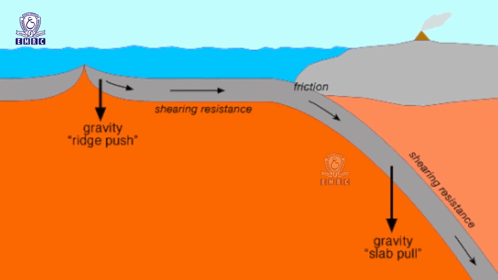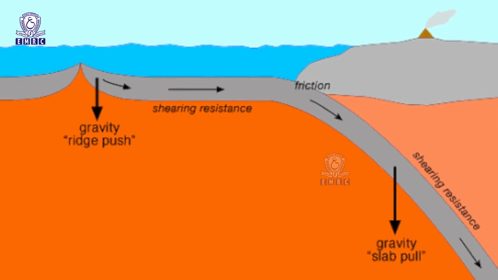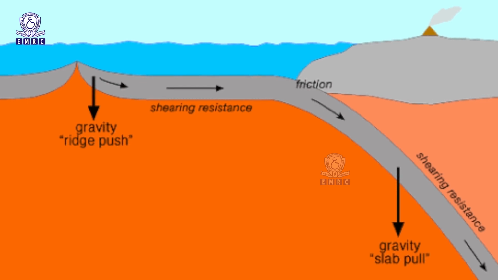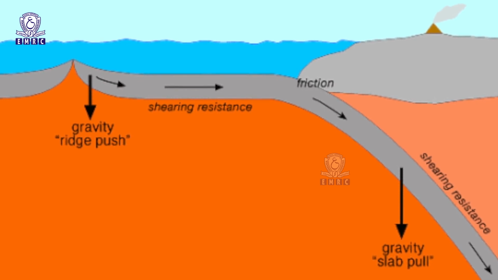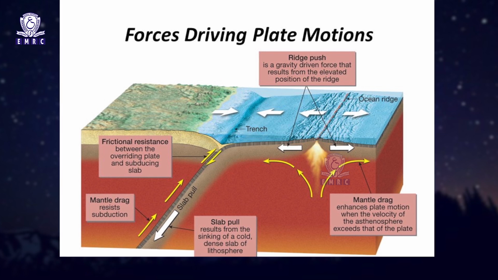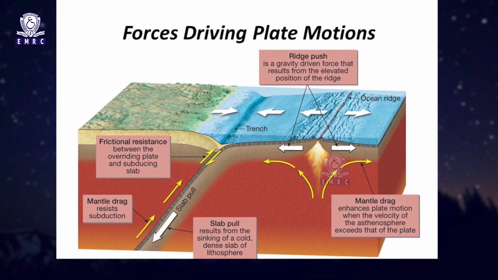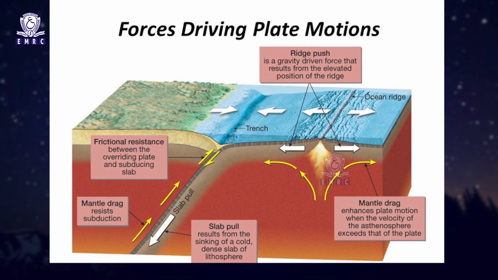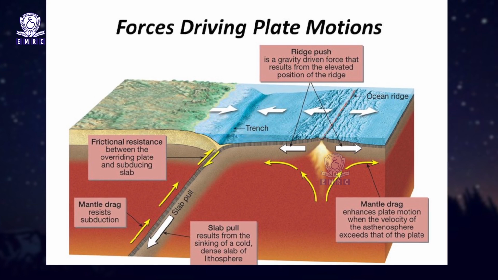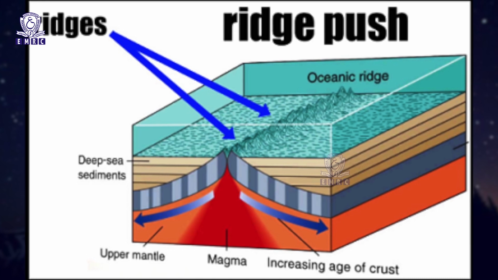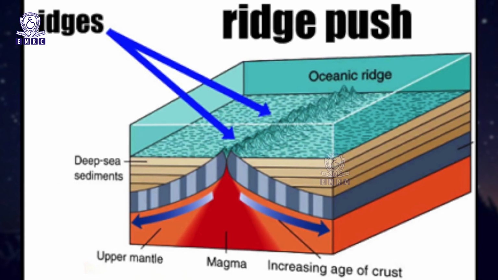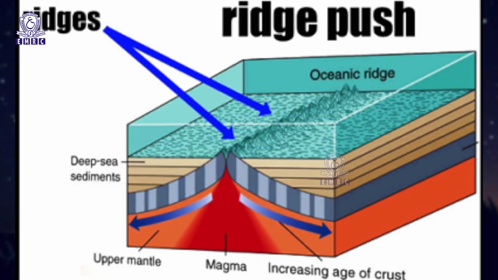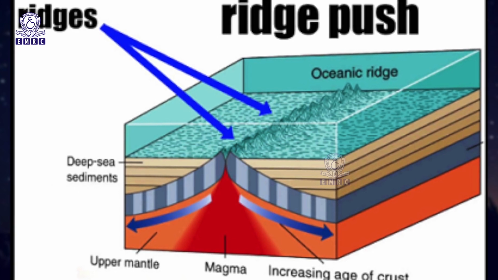In the push mechanism, there will be rise of hotter mantle material below the ocean ridges that produces a low density bulge, which exerts gravitational pressure on the plates on either side of the ridge, due to which there will be divergence of the plates along the mid-oceanic ridges, that is ridge push.